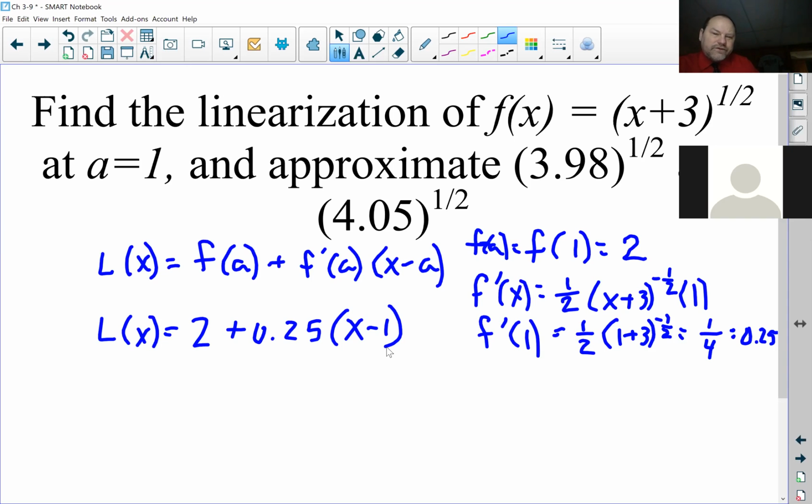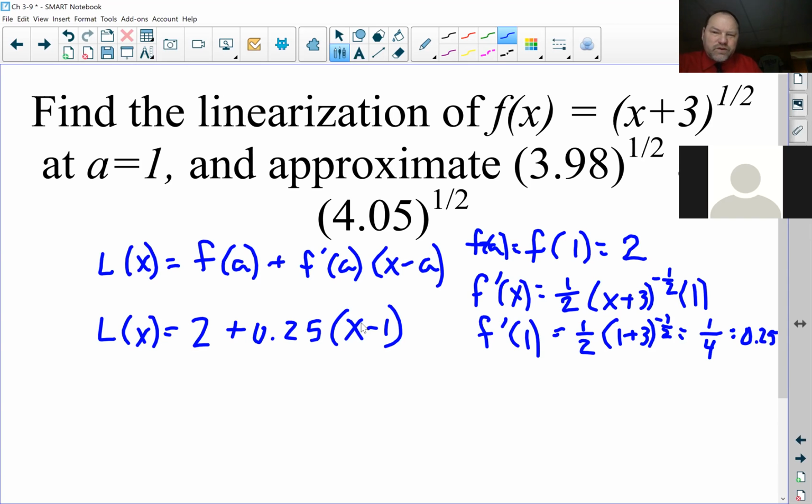All right, now to find the approximation for our two square roots. To figure out our x value, sometimes it'll be pretty clear because our function will just be x something.